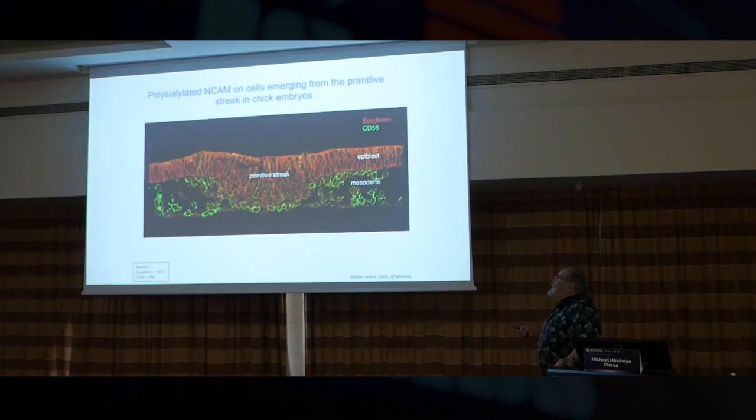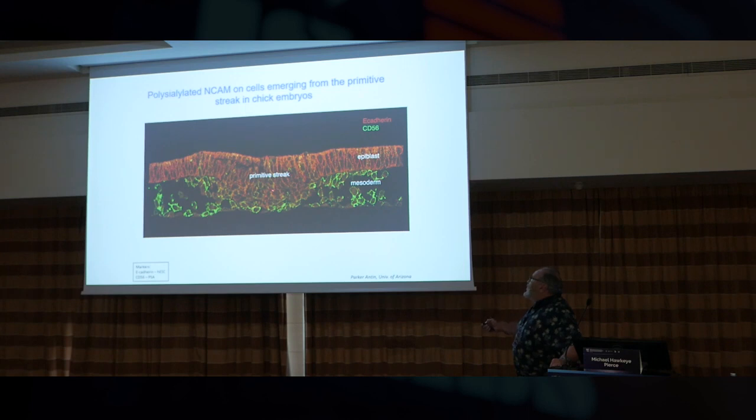And just to show that this happens not just in embryonic stem cells, but also in developing organisms, this is a section from a chick embryo stained with E-cadherin, which stains this ectodermal layer, and then as differentiation occurs and mesoderm differentiates, the expression of polysialic acid on NCAM is shown here in green.